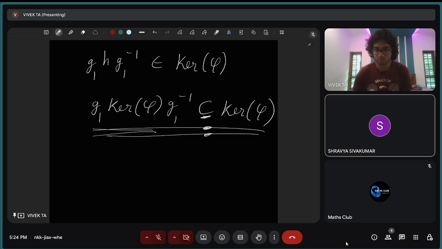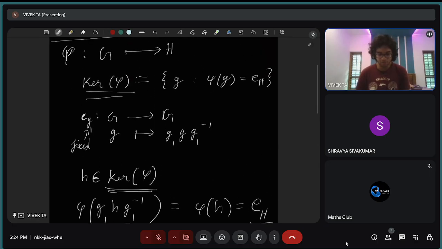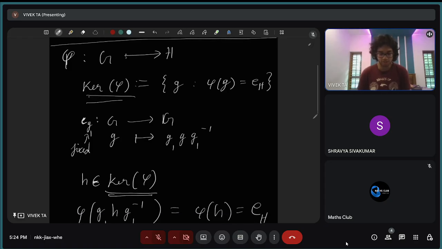What exactly is the kernel, though? Yeah, that's what I'm saying. If you have any doubts at any point, feel free to speak up. The kernel is defined as the set of all elements such that the image is the identity. So think of the identity as a zero: the set of all elements that are mapped to zero.